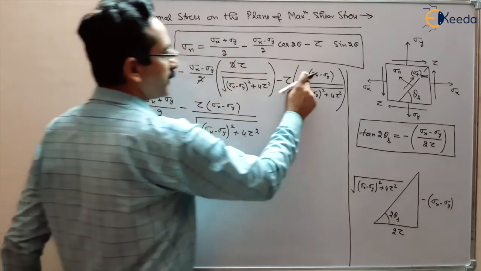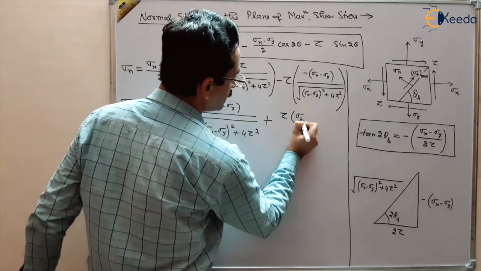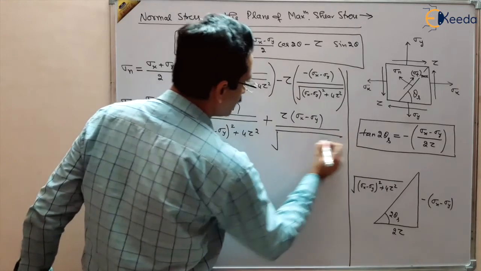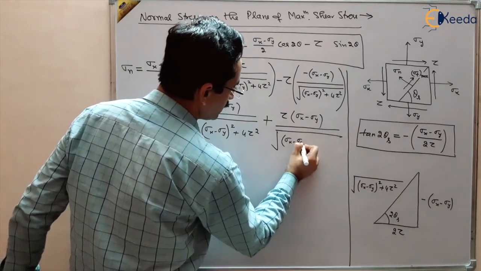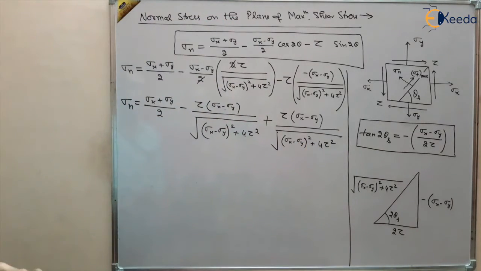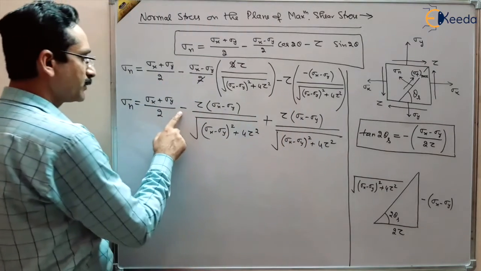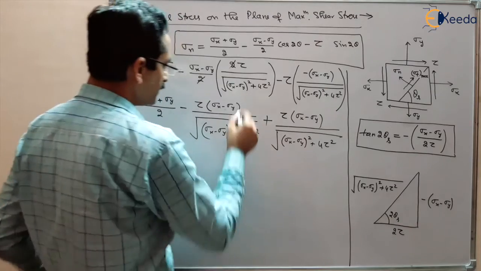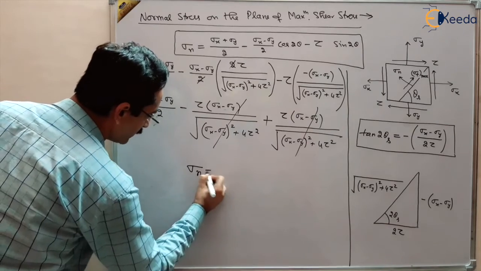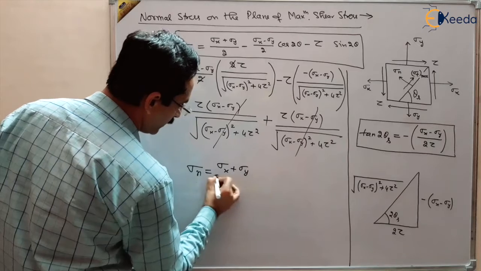Minus and minus plus, so here plus, again tau, again (sigma x minus sigma y), and again under the root in the denominator (sigma x minus sigma y) whole square plus 4 tau square. You can see this term and this term are exactly the same, with one having a negative sign and the other a positive sign. So this will cancel out, and what you will get as the normal stress is (sigma x plus sigma y) by 2.